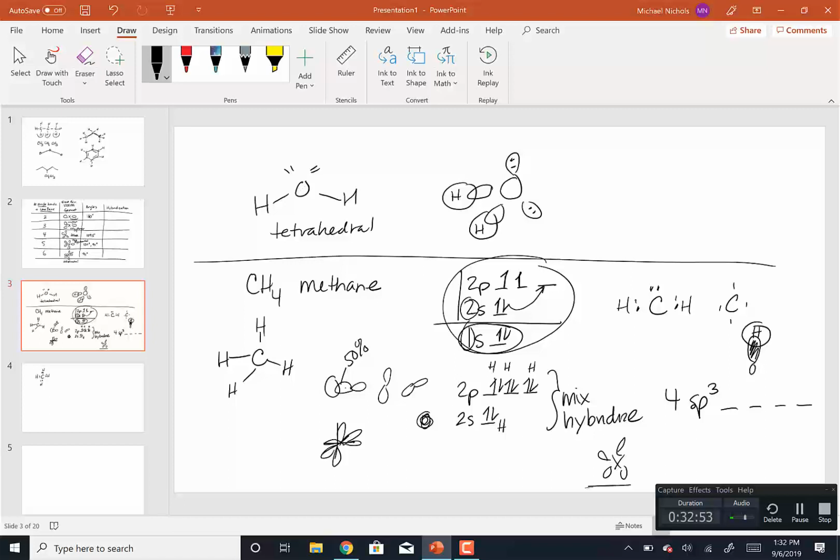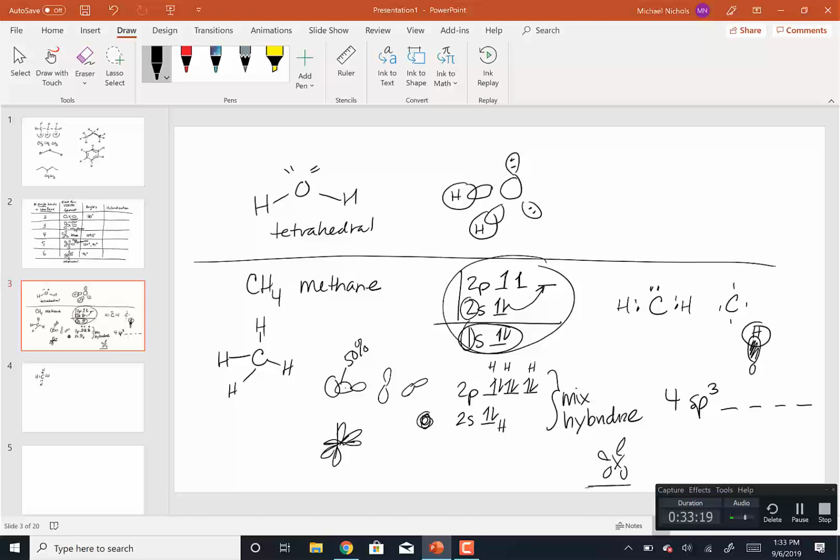Probably on Monday we'll finish this up and talk about why row 3 and lower is where the expanded octets are. There is a 2s and a 2p. If there was a 2d, we could mix all those together. There isn't, except in the strange world of quantum mechanics, there's a 2d somehow, which I haven't quite figured out how that exists.